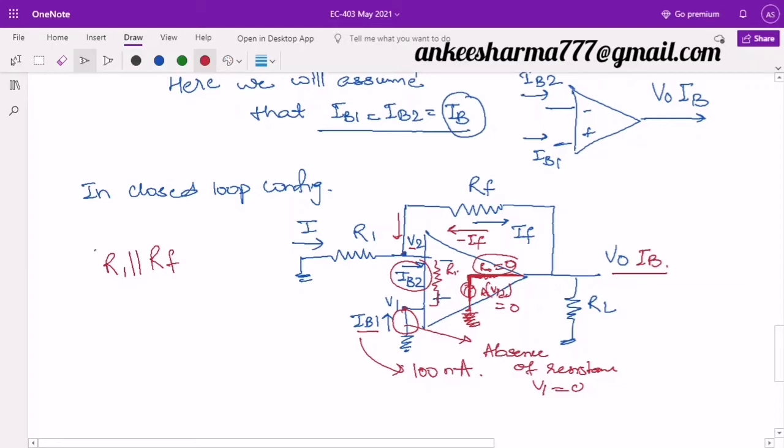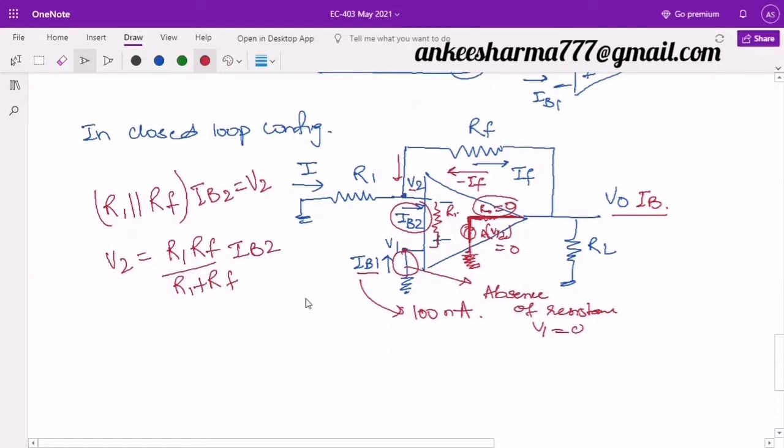So from here, can I say that this parallel resistance into IB2 is equal to the voltage V2? Or from here I can say that V2 will be equal to the parallel combination of R1 and RF, which is R1 RF upon R1 plus RF, into IB2. So this is the conclusion from this diagram. I guess it is clear to you.